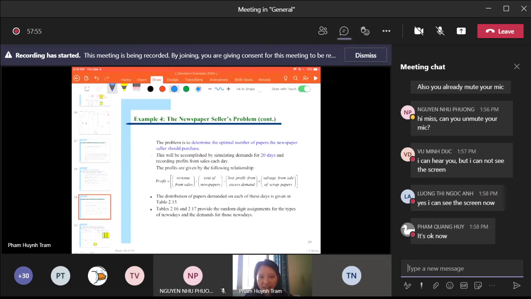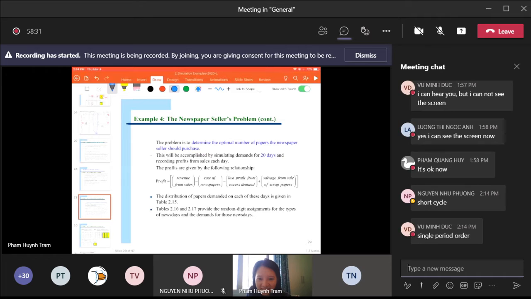So what is the characteristic of newspaper? How should we classify this inventory type? Short cycle, single period order.